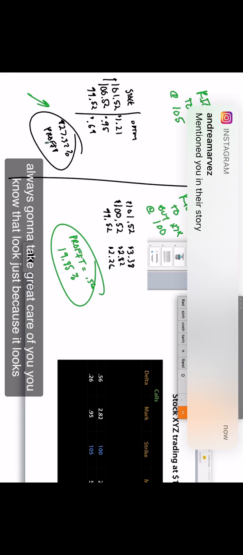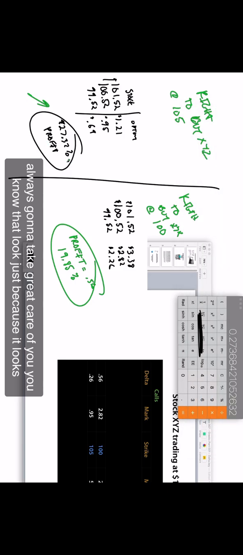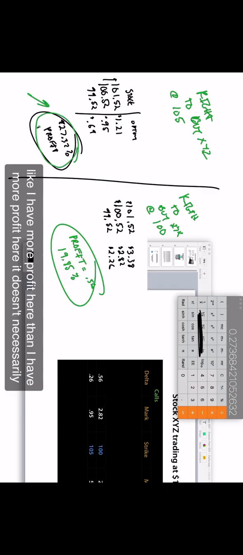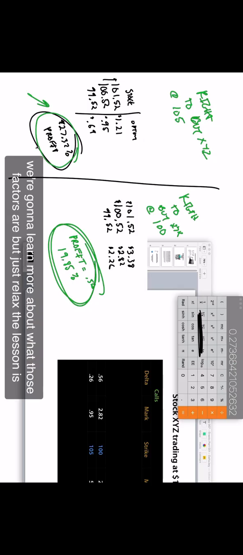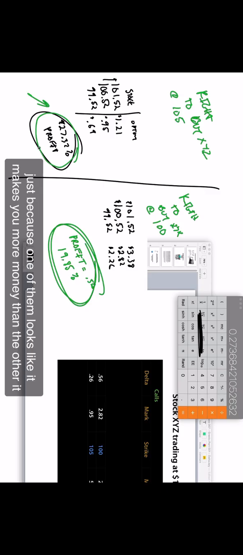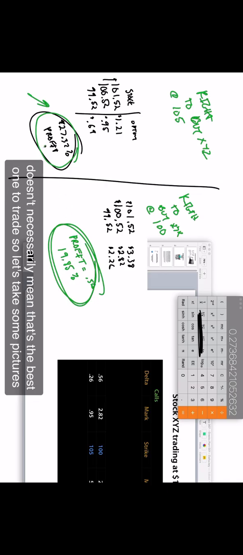Look, just because it looks like I have more profit here than here, it doesn't necessarily mean this is the best option to trade, because there are other factors. Now, we're going to learn more about what those factors are, but just relax. The lesson is, just because one of them looks like it makes you more money than the other, it doesn't necessarily mean that's the best one to trade.